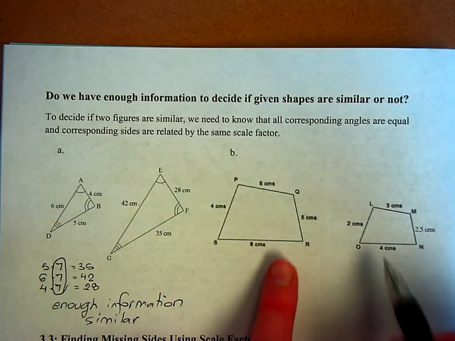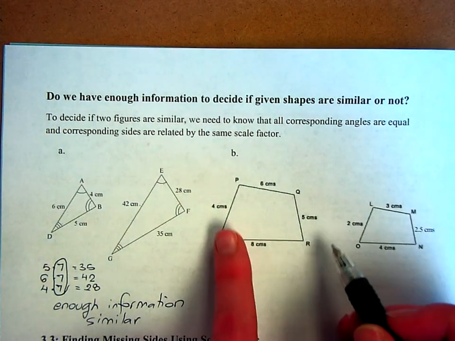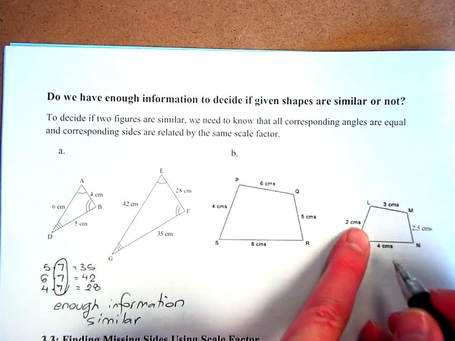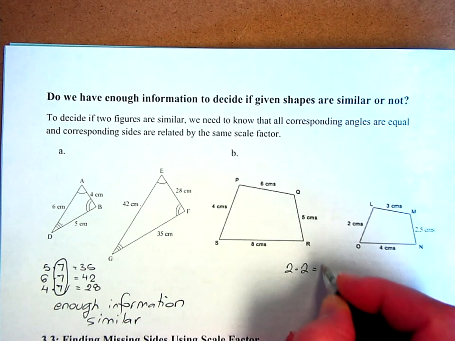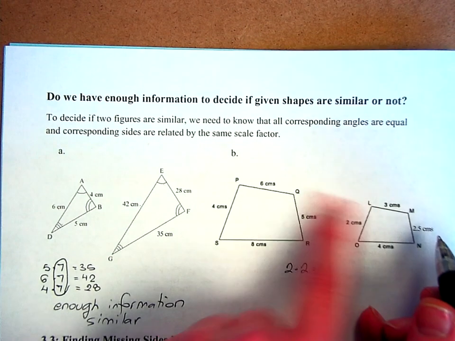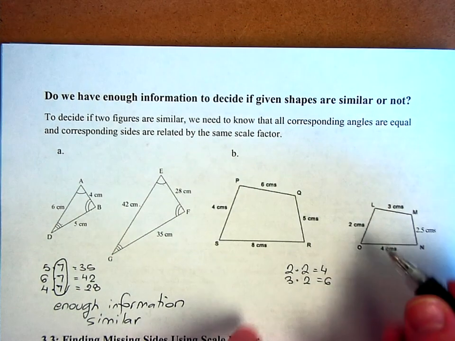Now look at these two shapes. So I see side lengths, and if I look at the smaller side and the corresponding one is 4, 2 times 2 would give me 4. This one corresponds to that one, so 3 times 2 would give me 6.